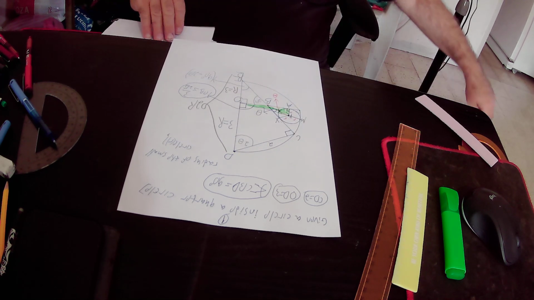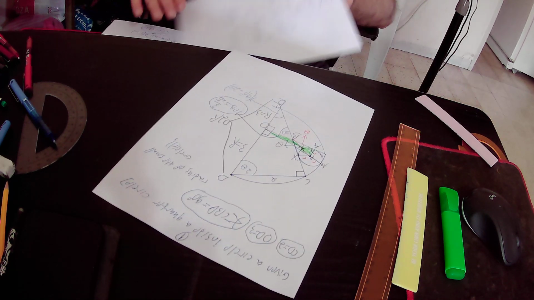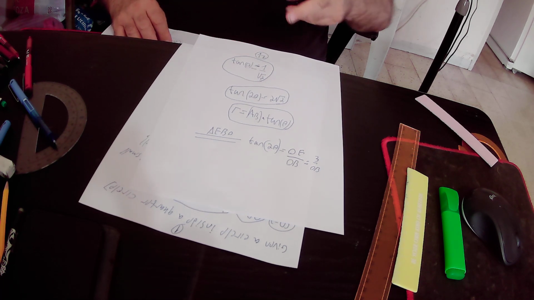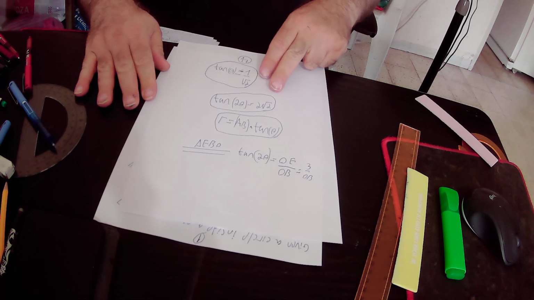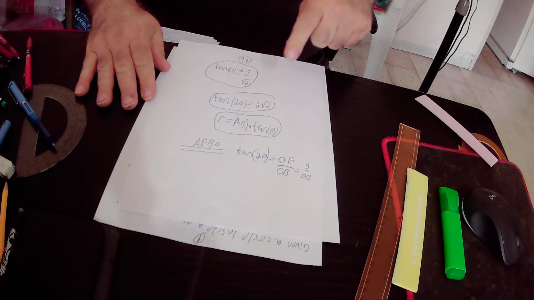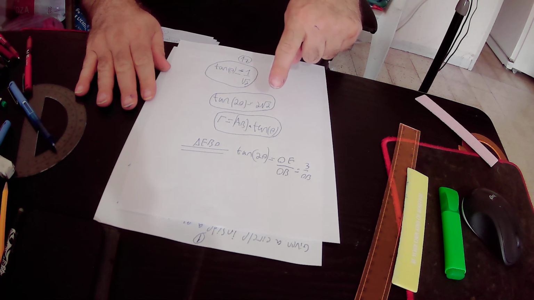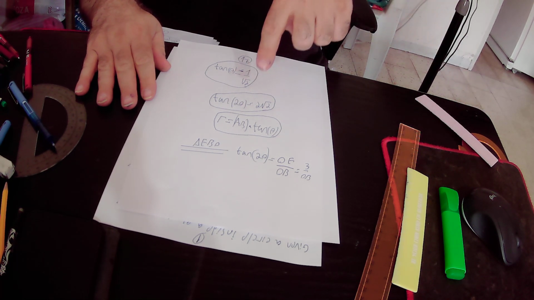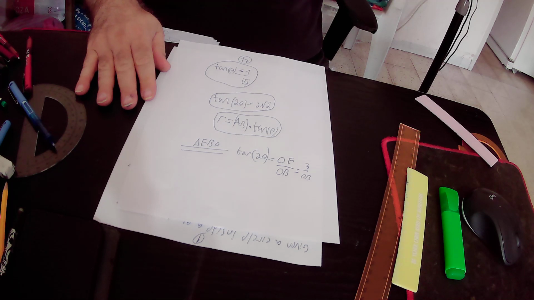So tangent theta equals 1 over root 2. We already found that tangent 2 theta equals 2 times root 2. And we know that the radius of the small circle equals AB times tangent theta, so the only thing left to find is the value of AB.